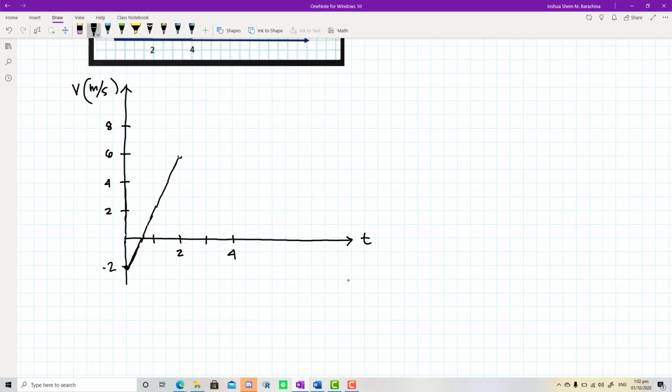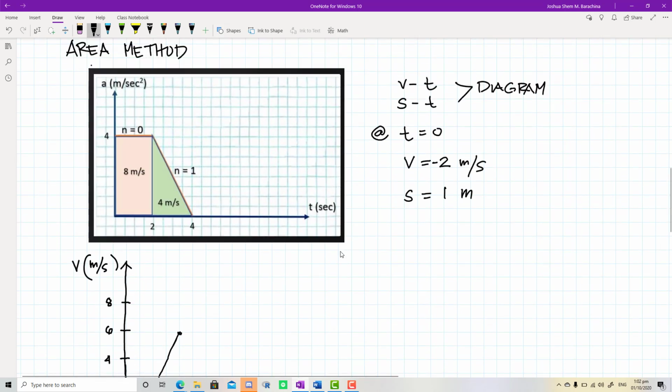Then again, we have increased by 4 meters per second. So this is our starting point now. Increasing it by 4, we will have here 12.